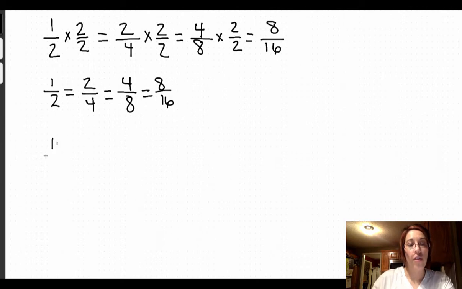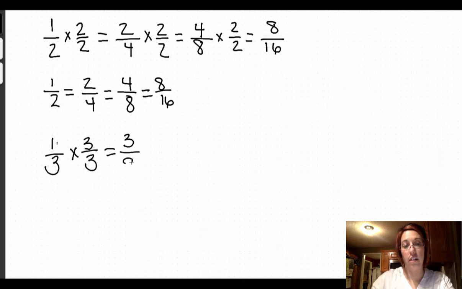So let's try 1/3 and let's multiply it by 3/3. 3 times 1 is 3. 3 times 3 is 9. So 1/3 is equivalent to 3/9.